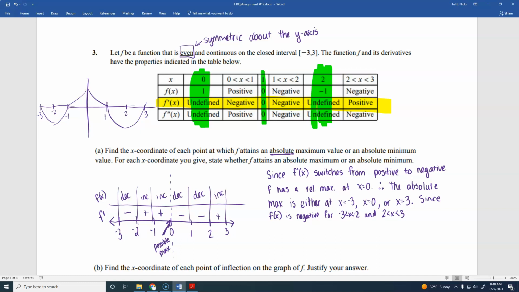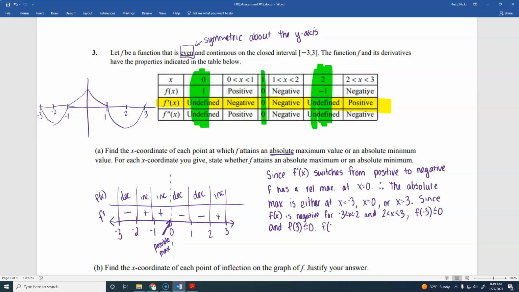So since it's below the x-axis, we know that f of -3 is less than or equal to 0, and f of 3 is less than or equal to 0.